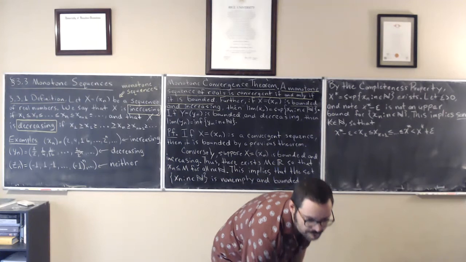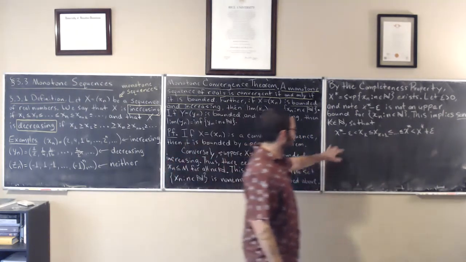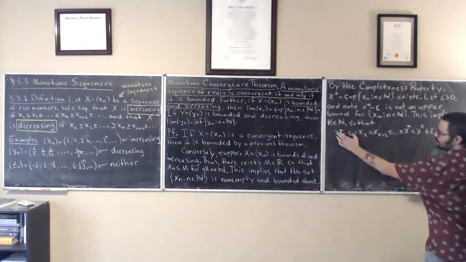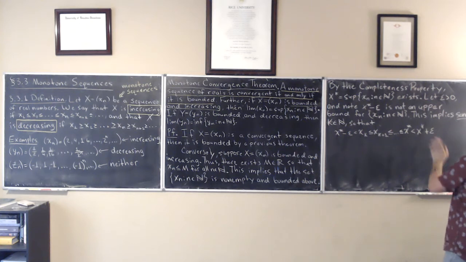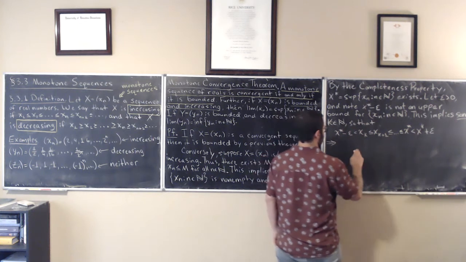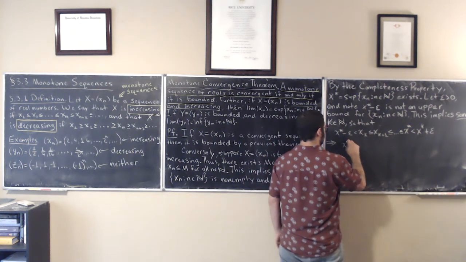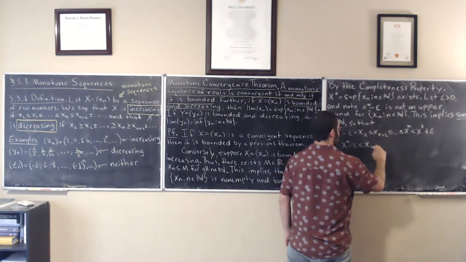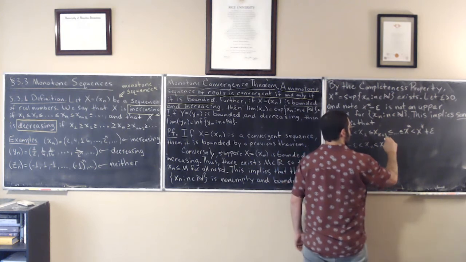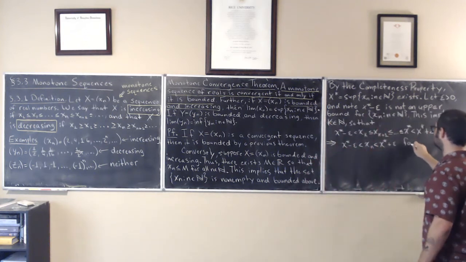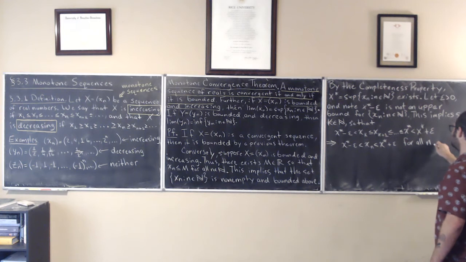Okay. So what does this imply? Every single term of the sequence above k is squeezed in between the supremum minus epsilon and the supremum plus epsilon. So this implies that x star minus epsilon is less than x n, which is less than x star plus epsilon, holds for all n greater than or equal to k.